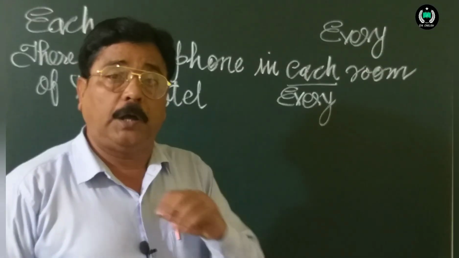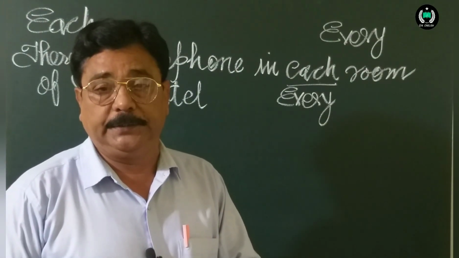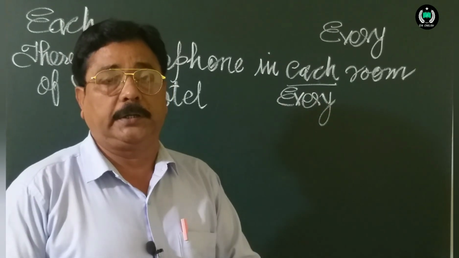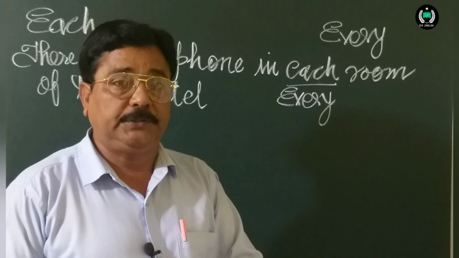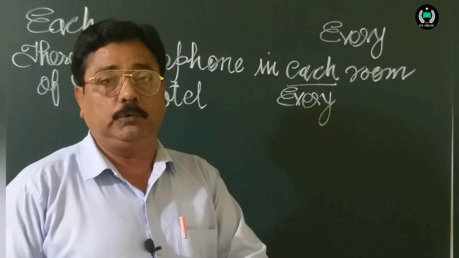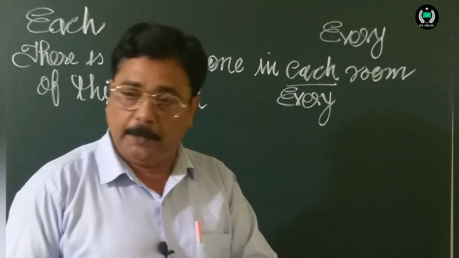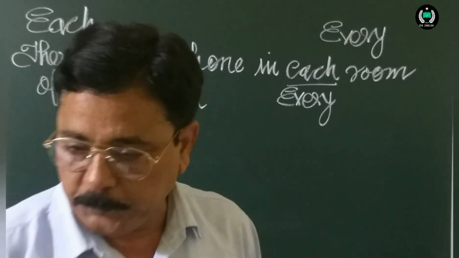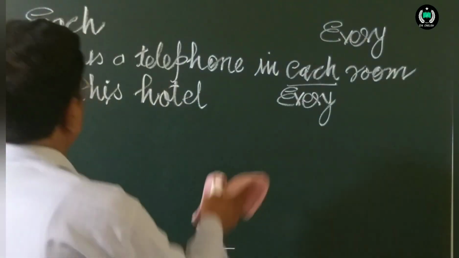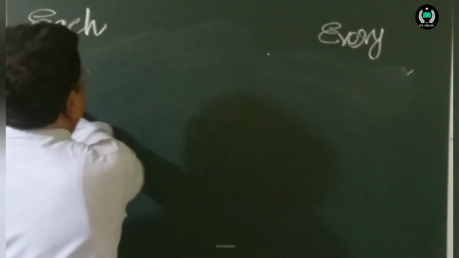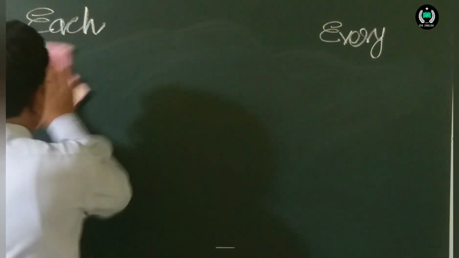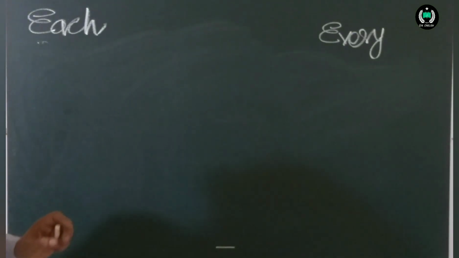So now you need to understand how both are correct and what are the sentences in which only one goes, either each or every. So I am going to start. What is each?